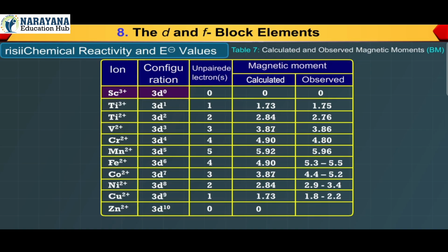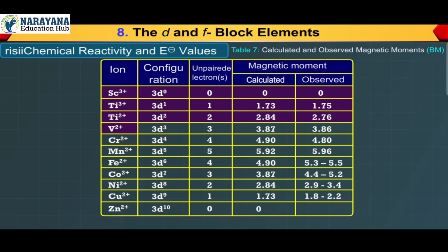Sc3+, 3d0, 0, 0, 0. Ti3+, 3d1, 1, 1.73, 1.75. Ti2+, 3d2, 2, 2.84, 2.76.